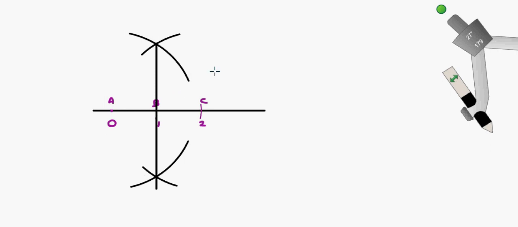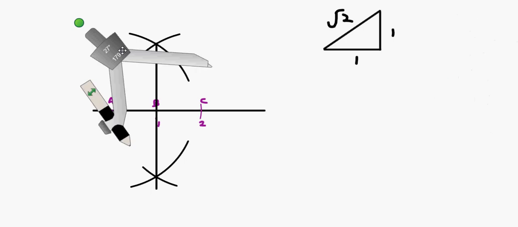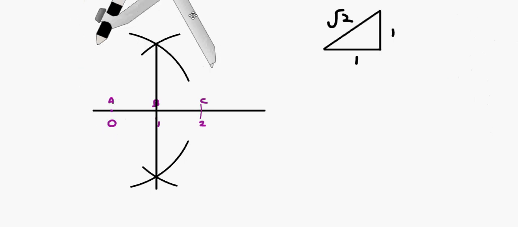Now, what did we say earlier? What do we want this triangle to be? To get a root 2, what do we want? 1, 1, root 2. So how do I get the other 1?